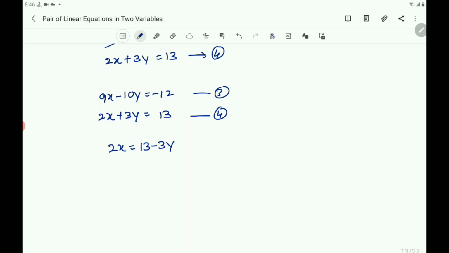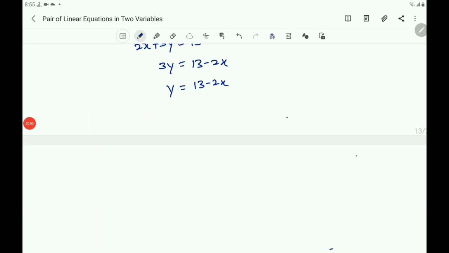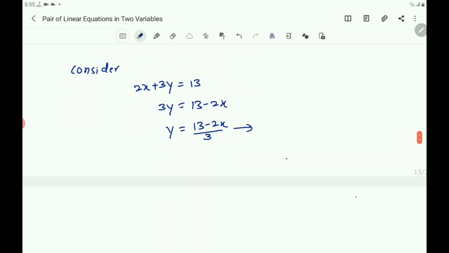Or 3y equals 13 minus 2x. So y equals 13 minus 2x by 3. Consider this is the fifth one.